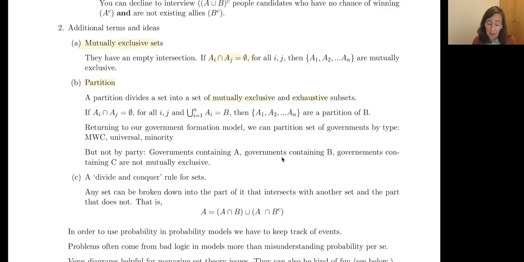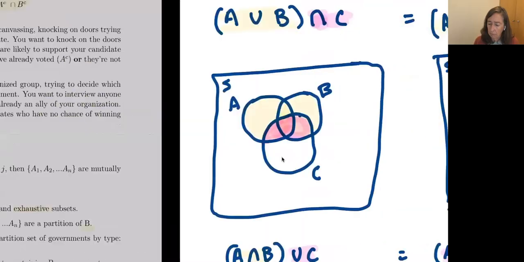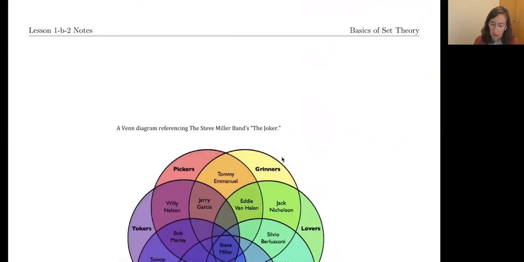So everything that is in B is in one of the A's. Okay, so I've got that written here. And none of the A's overlap. Thinking about that government formation example that we had, we could partition the set of governments into, I'll go ahead and write this.